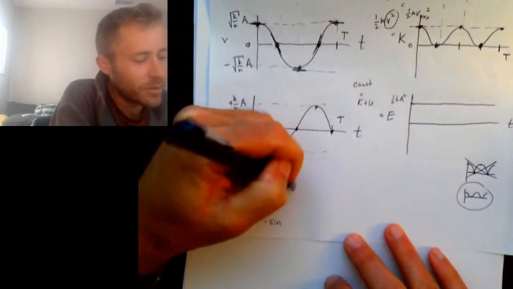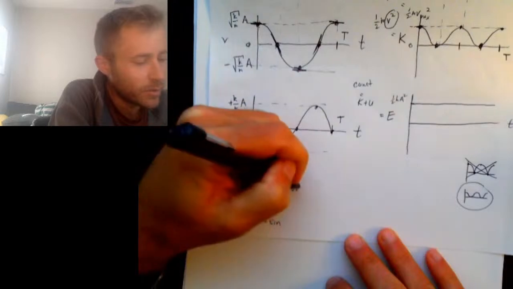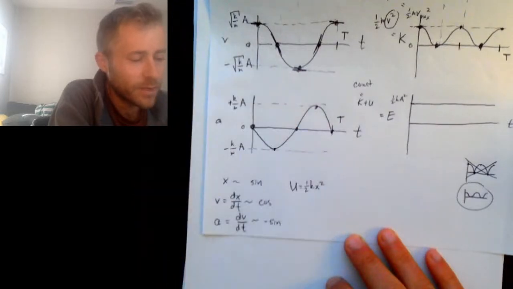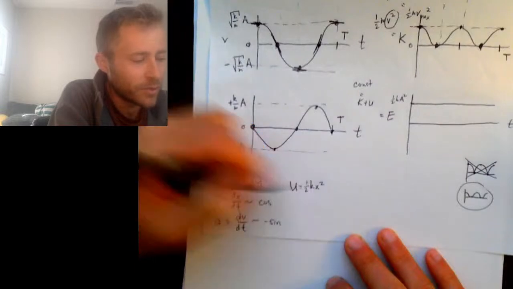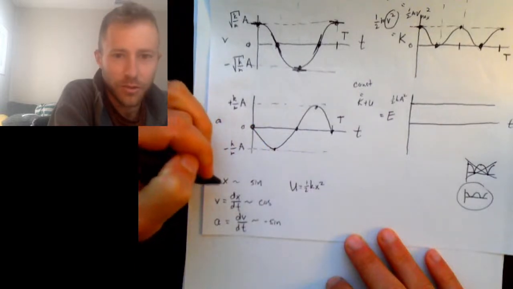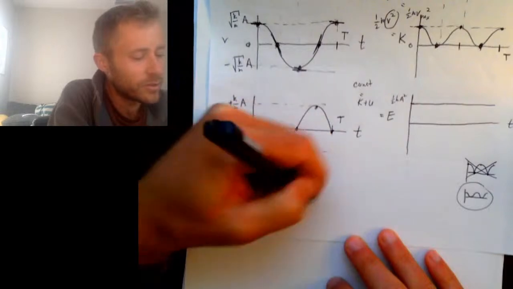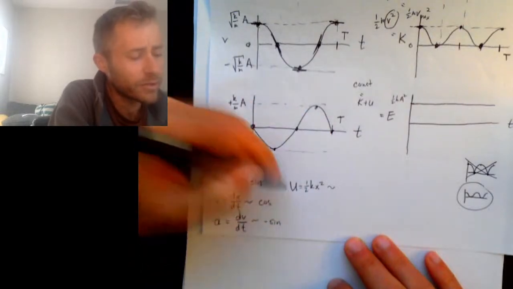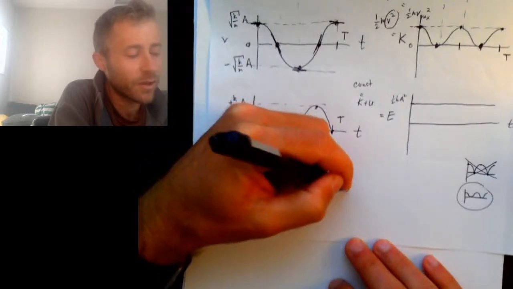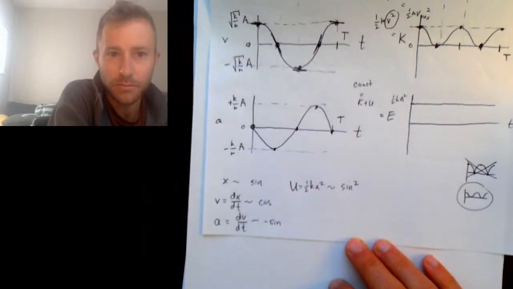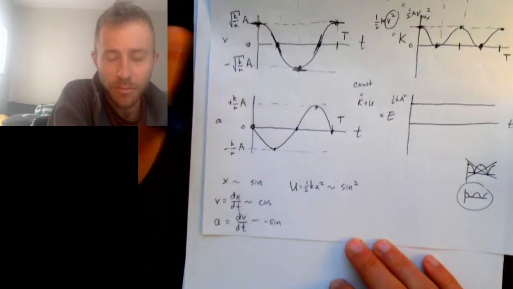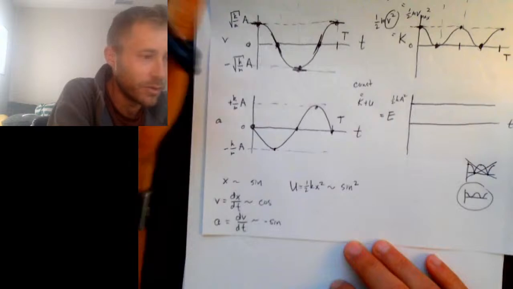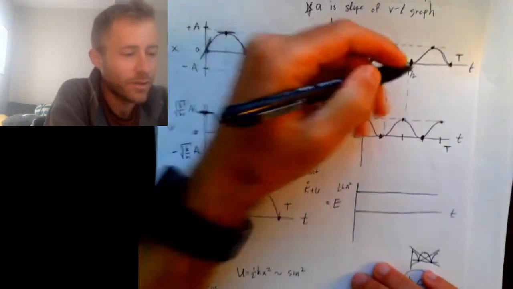To get our potential energy graph, well, that's going to be 1/2 k x squared. And so we're basically going to take this position and we're going to square it. So the potential energy time graph is going to look like a graph of sine squared. So if you've ever typed in y equals sine squared of x in your calculator, you know what it looks like, and it looks exactly like this.